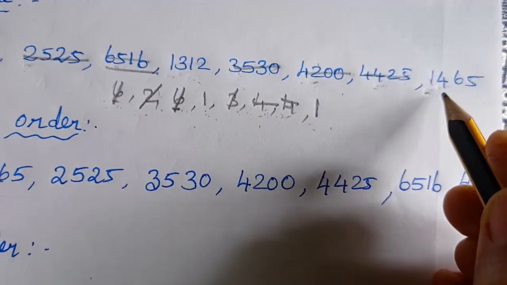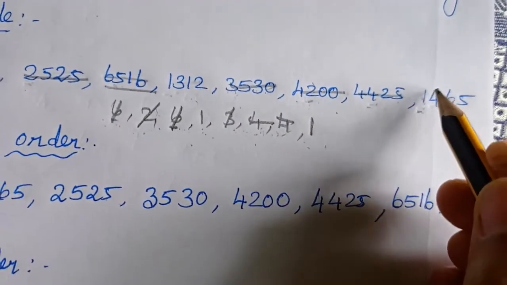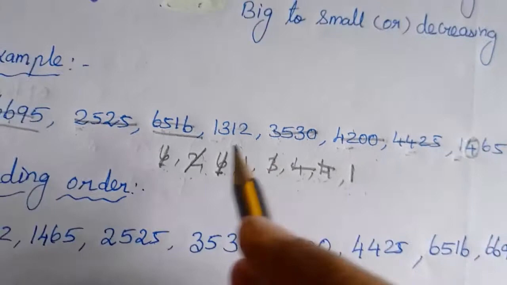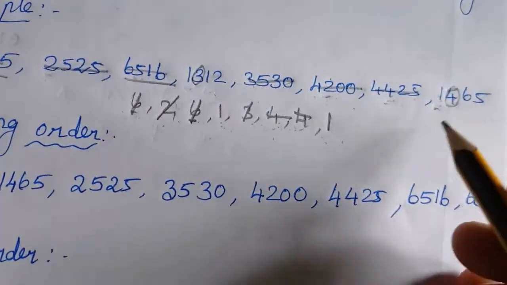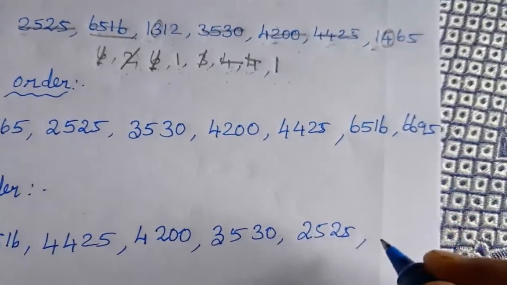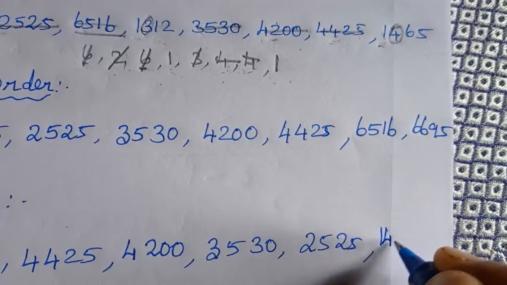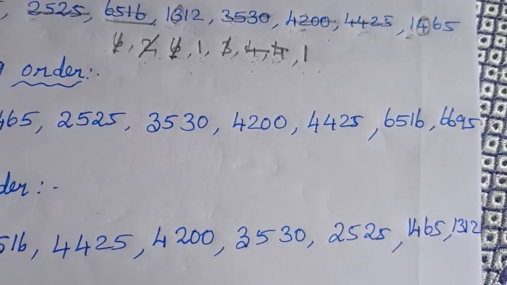So what do you want to do next? Check their 100 place values. This number's 100 place value is 4, and this number's 100 place value is 3. Which is the greater number, 4 or 3? 4. So first write 1465 and 1312.